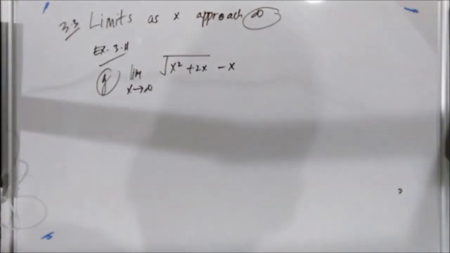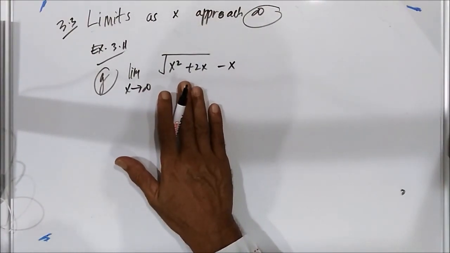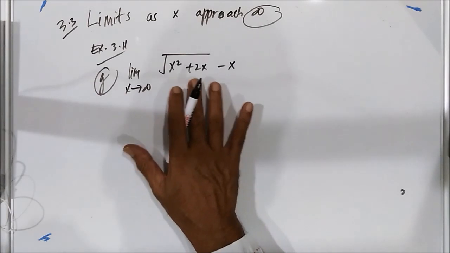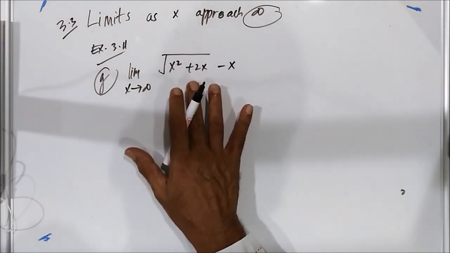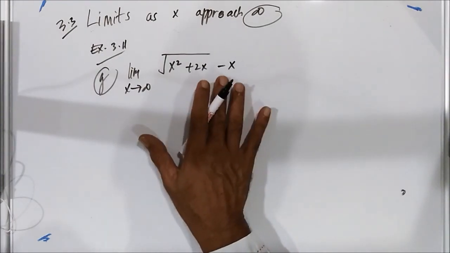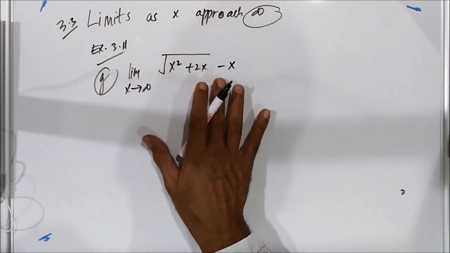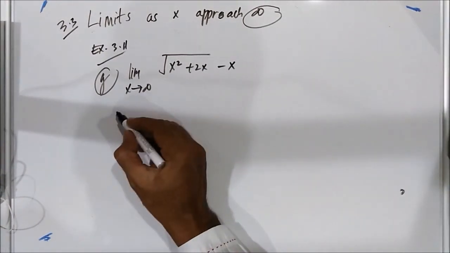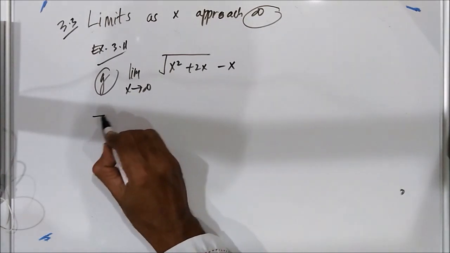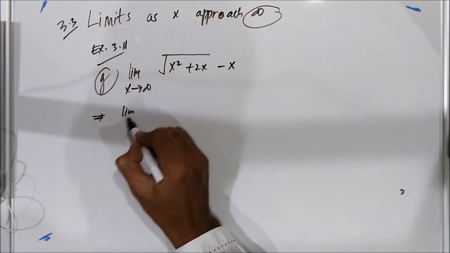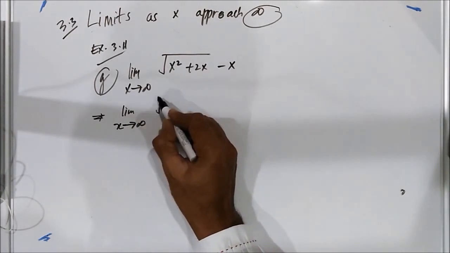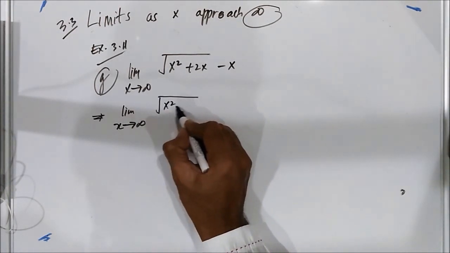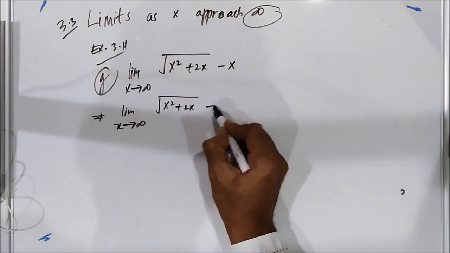To solve the radical function here, we can multiply by the same function, but we just change the sign. So this is equal to the limit as x approaches infinity of square root of x raised to 2 plus 2x minus x.